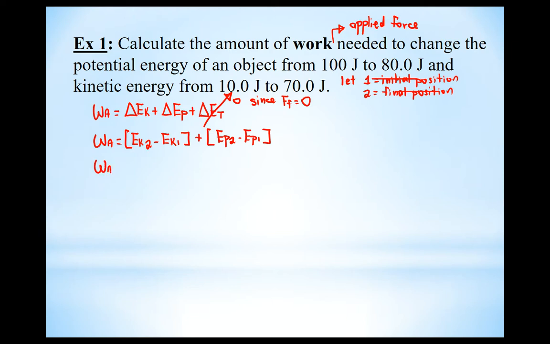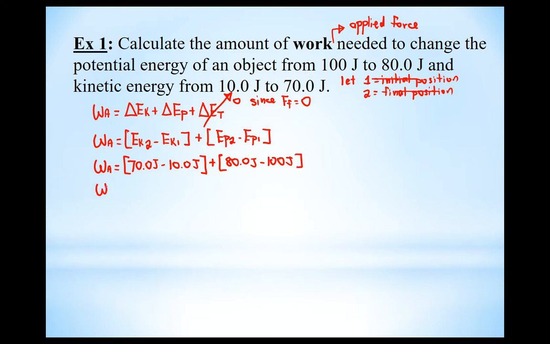So we'd have WA equal to the kinetic energy at state 2, which is 70.0 joules, subtract the kinetic energy at state 1, which is 10.0 joules, plus the potential energy at state 2, which is 80.0 joules, subtract 100 joules.